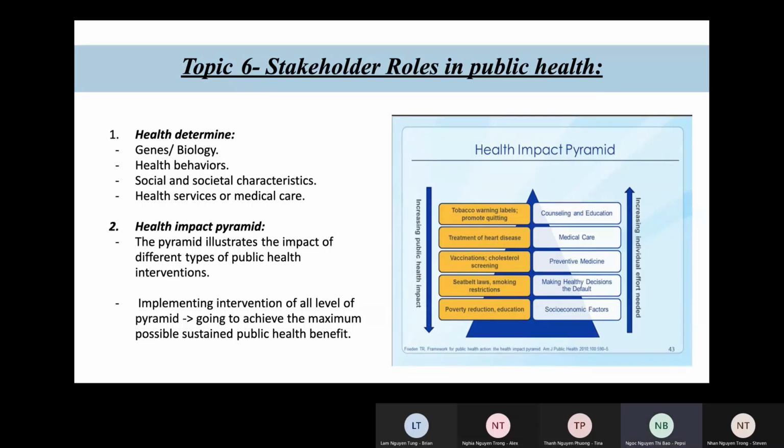You can see in the picture that the pyramid shows increasing public health impact and increasing individual effort needed. The pyramid illustrates the impact of different types of public health interventions, and by implementing interventions at all levels of the pyramid, we are going to achieve the maximum possible public health benefits.